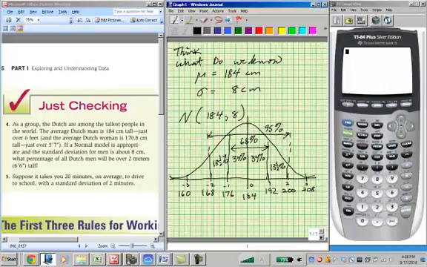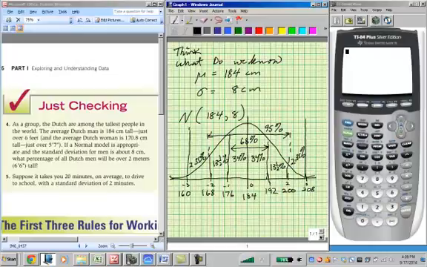And this is the normal distribution and how it's applied to the population of Dutch men. Now we can go further. We extend the line at 3 standard deviations. Between 2 and 3 standard deviations is 2.35%. Pretty small.